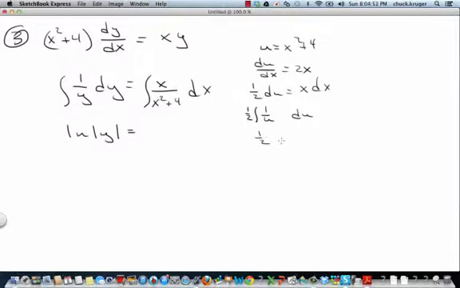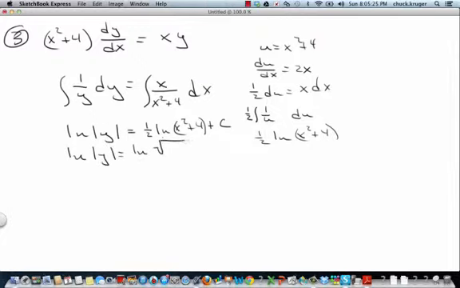So I have a half ln of u, and the ln of u is the same as x squared plus 4. So I have the half of the ln of x squared plus 4 plus c.